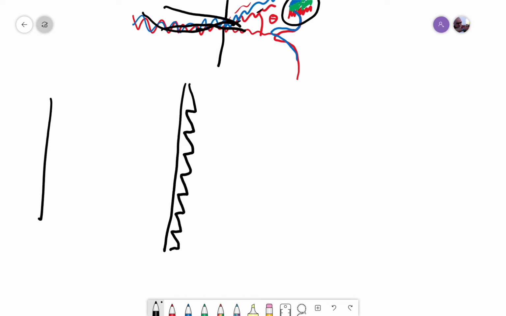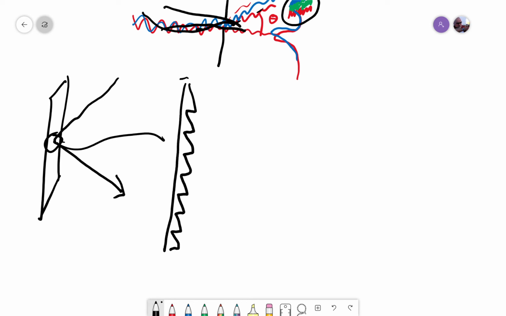Now, a diffraction grating really is just going to look like a mirror where the light comes in and the light comes off. But if you look at it really, really close, there is a sawtooth pattern cut into the surface of the mirror. And each of those tiny little differences between the sawtooth acts like a slit to the light that's bouncing off of it.